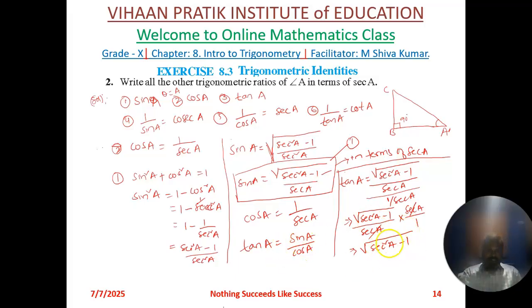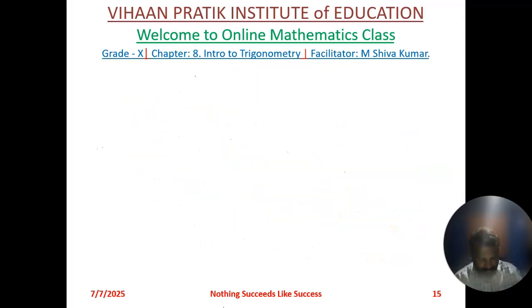This is a direct identity. See, we know the trigonometric identity 1 plus tan square A equals secant square A. Now, subtracting 1 on both sides, tan square A equals secant square A minus 1.